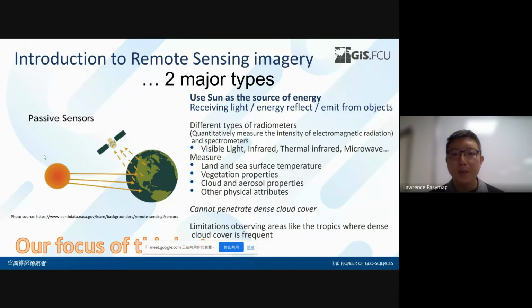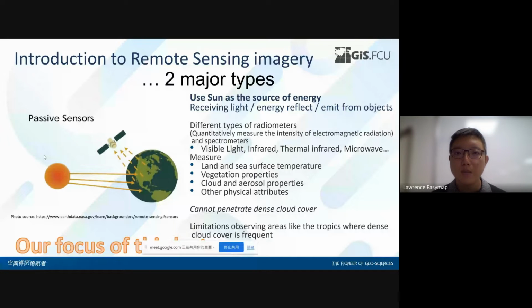There are different types of radiometers. The most common type must be visible light, which means the light that we can see, then the infrared, the thermal infrared, microwave, and so on.